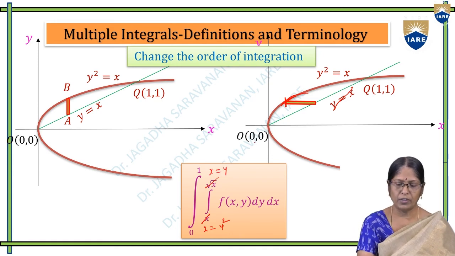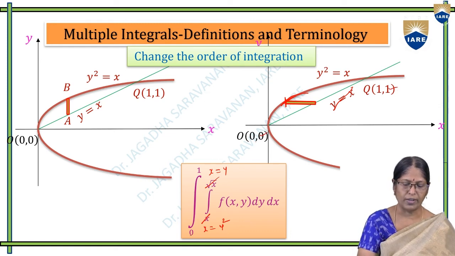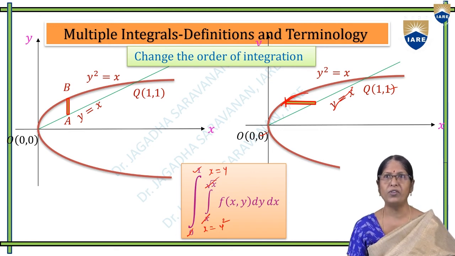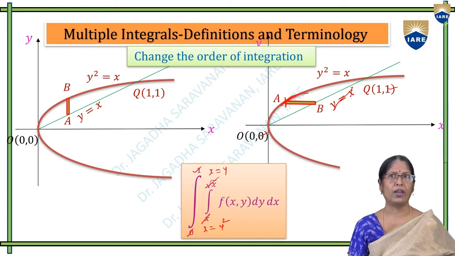And here y runs from 0 to 1. So this is the way we can make our integration very easy. The horizontal strip is named A and B.